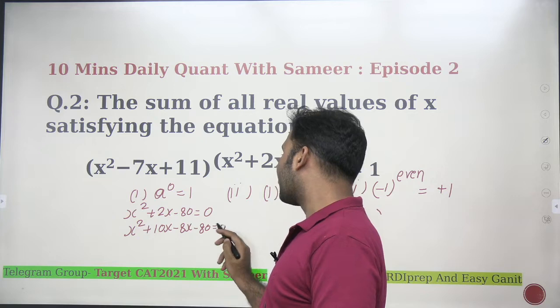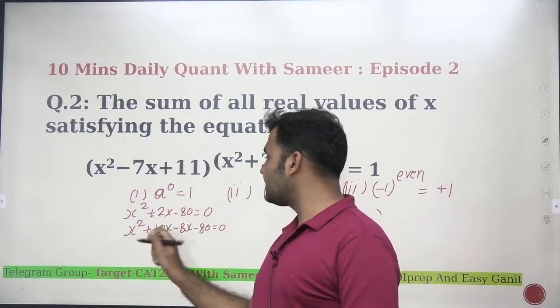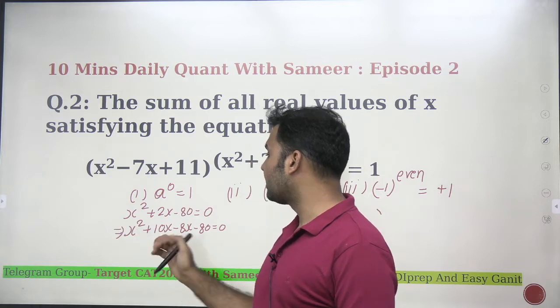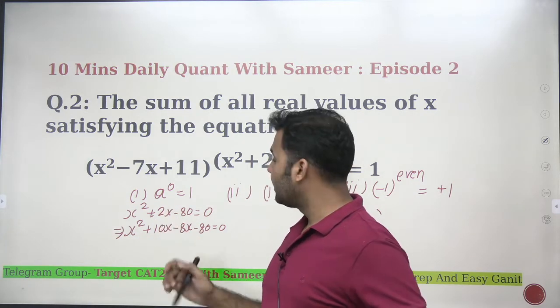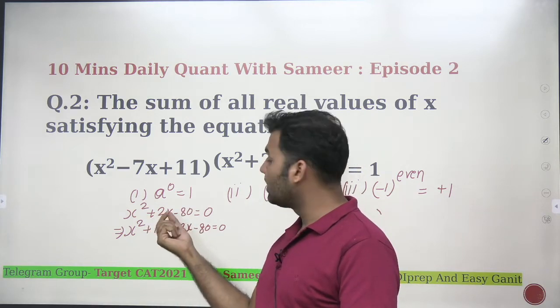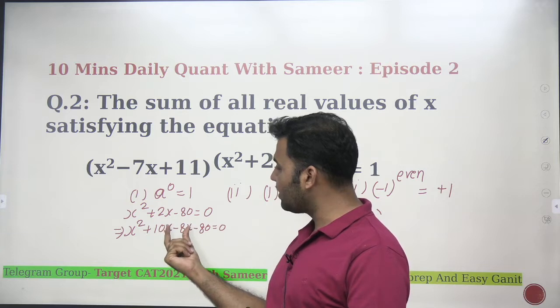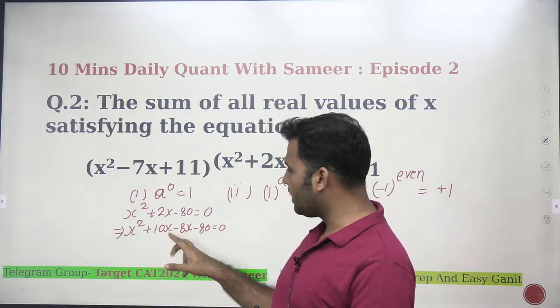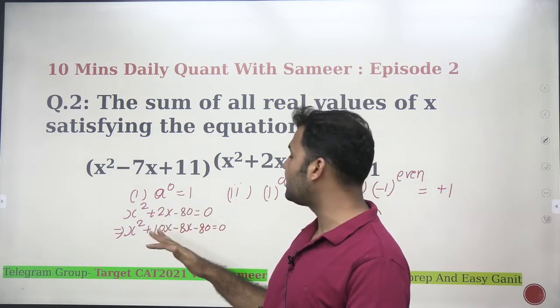to 0. Keep this in mind that when you are factorizing any quadratic equation, right, you have to look at the coefficient of x. And the coefficient of x is 2 here. So break 2x in such a way so that when I add these two values, it should be equal to 2x. That means the whole quadratic equation should not get disturbed.